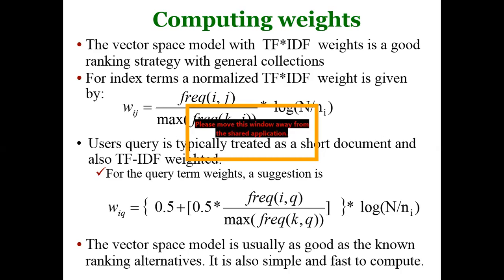So the term frequency also has to be normalized. Why do we need to normalize the term frequency? Because the occurrence of a given term in a given document depends on the number of words available in that document. Some documents may be huge, containing as many words as possible, around 300 or 400 words. There are also documents with fewer than 10 words.